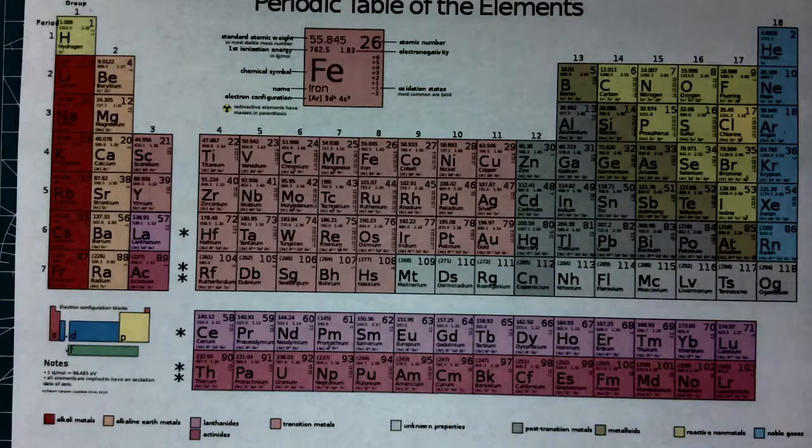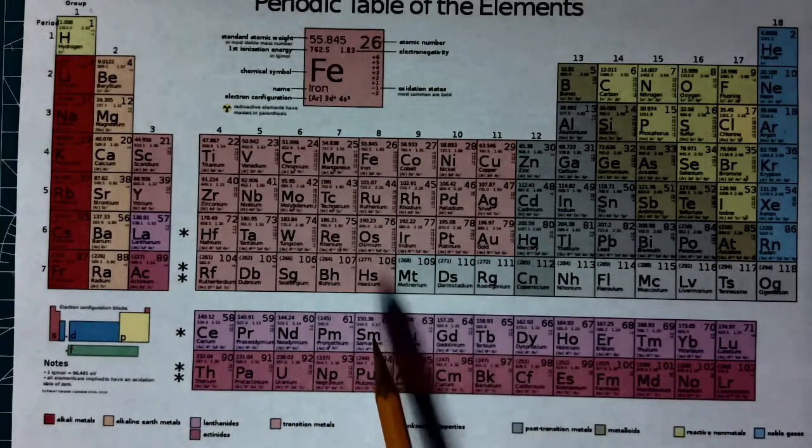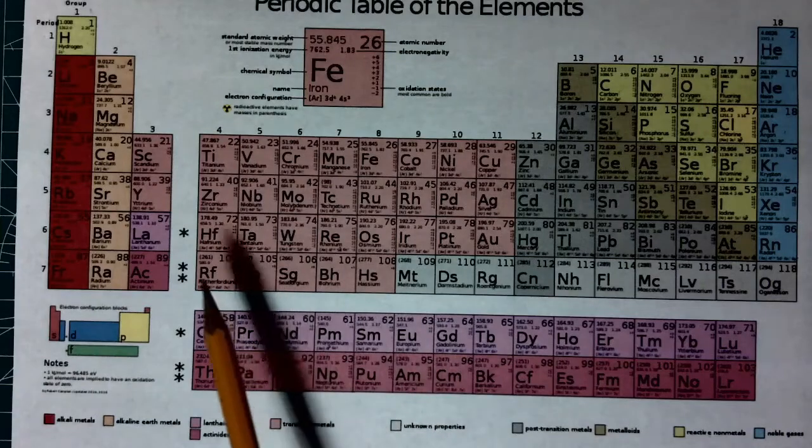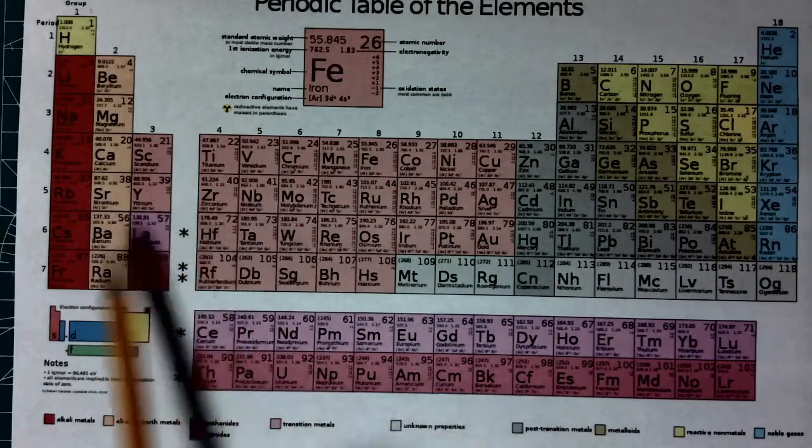Americium is an ingredient inside smoke detectors and is also slightly radioactive. And that's what these are. A lot of times it's confusing why these are out here like a little island all by themselves, and really the only reason for that is to condense the table down.